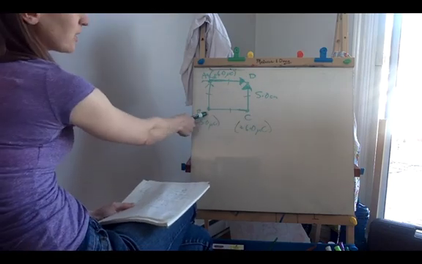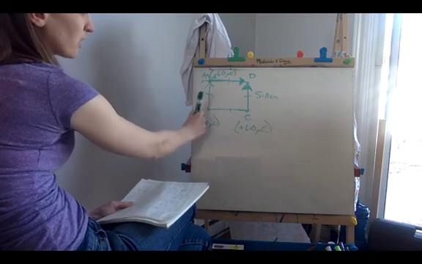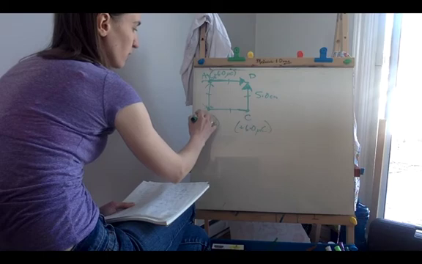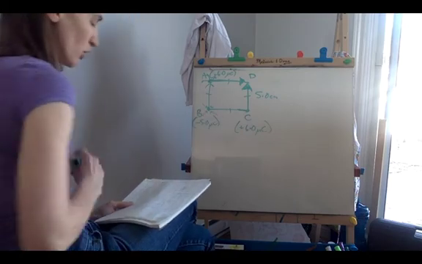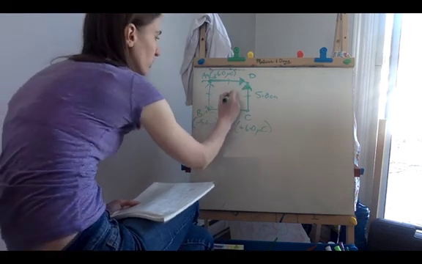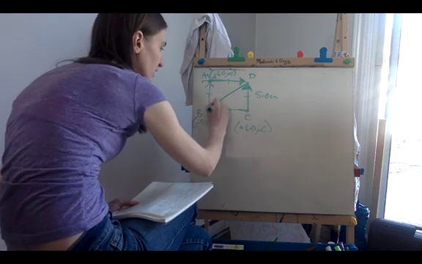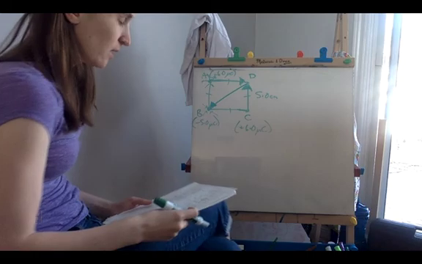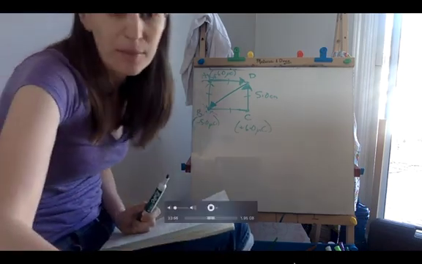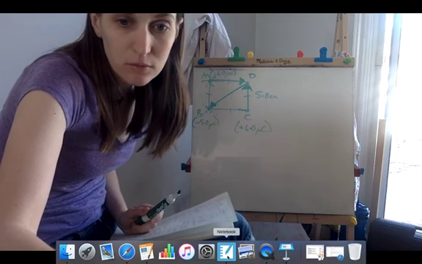Now, this is a negative source charge, which means everything's going to be coming into this one. So in relation to point D, we're interested in this. So that's why you're seeing that diagram there.